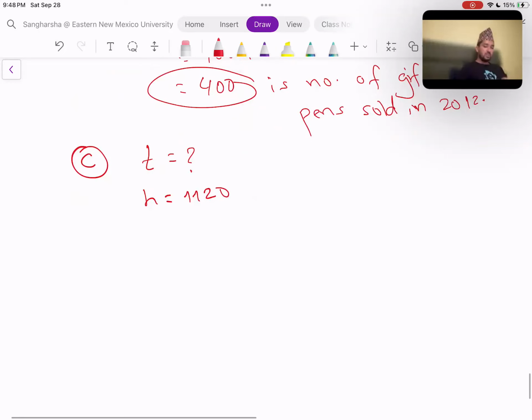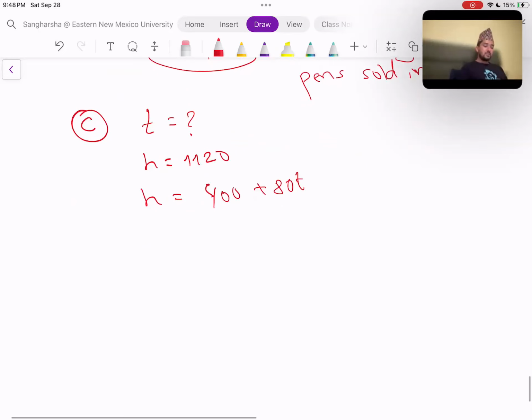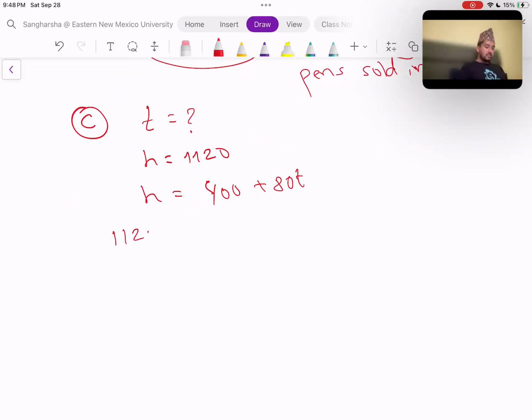Use the same equation. Our equation is H equals 400 plus 80T. Our H is 1120 equals 400 plus 80T. T is unknown. This is what we are trying to find. So it means you are solving this equation for T. So you subtract 400 on both sides.